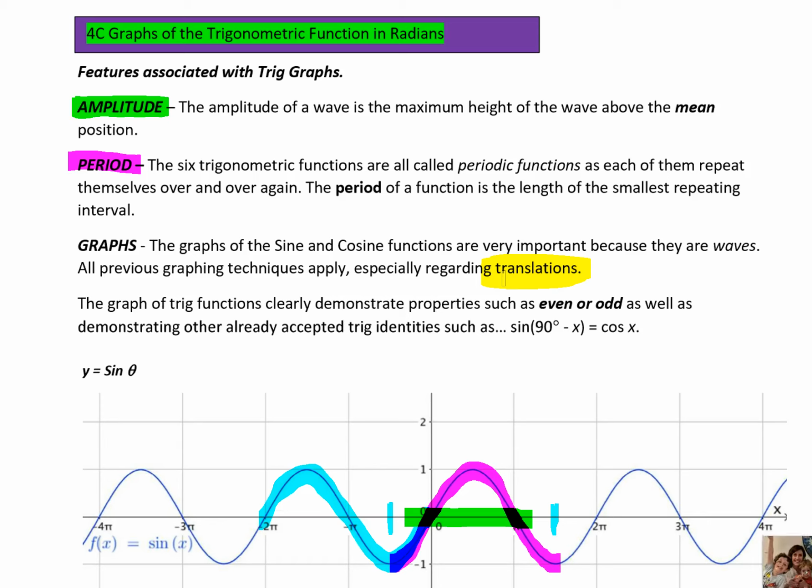All those techniques that we learned about, whether it be moving the graph to the right or moving it to the left or up and down, all those translations apply to trig graphs. So we're going to see that working as well. And we can also use the property about even and odd graphs because these trig functions nicely demonstrate evenness or being odd.